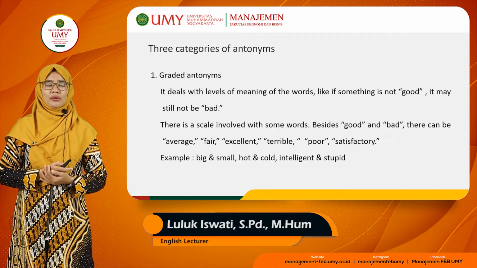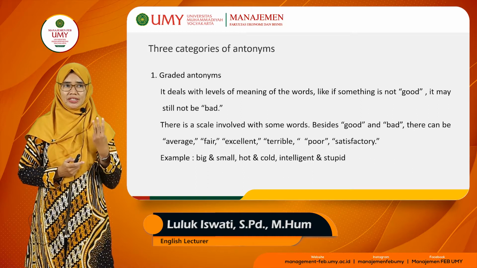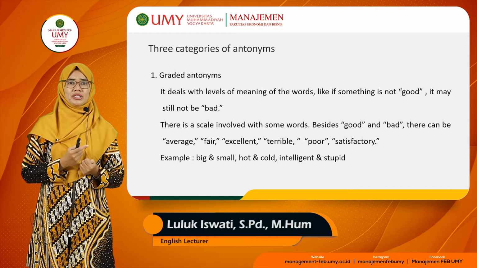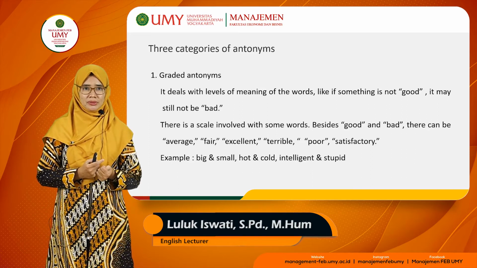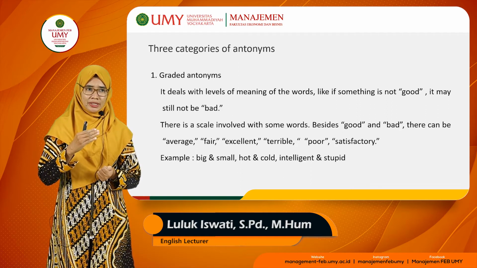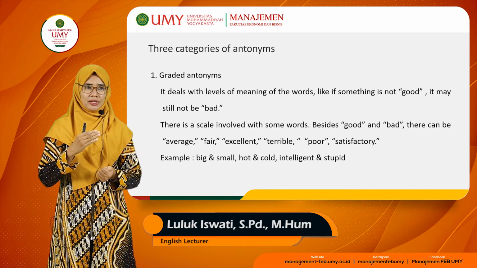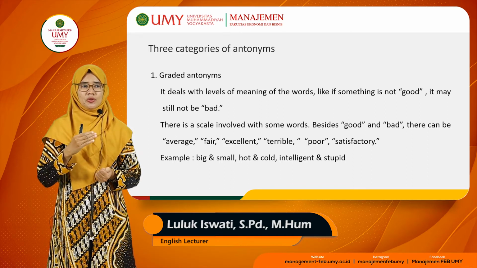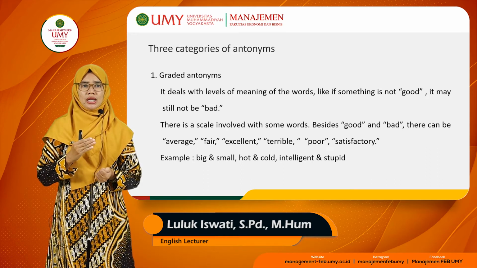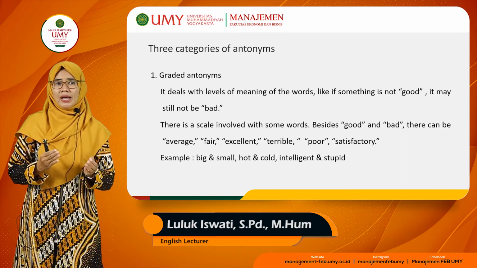And now we are going to learn about three categories of antonyms. The first one is graded antonyms. Here we see the word grade. When it is a grade, it means there are levels, right? So it deals with levels of meanings of the words. Like if something is not good, it may still not be bad.